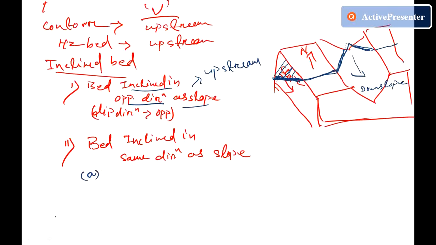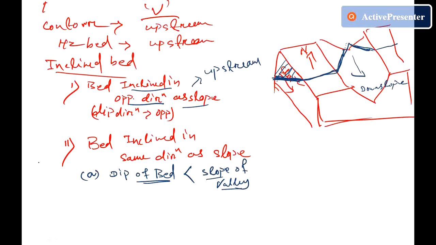The first condition is the dip of the bed is less than the slope of ground or slope of valley. That means the angle of inclination of the valley or ground surface is greater than the angle of inclination of the bed, right?